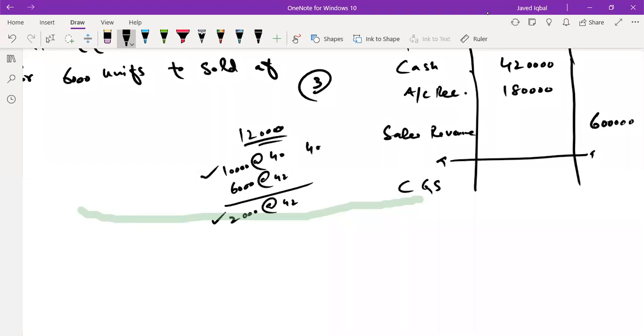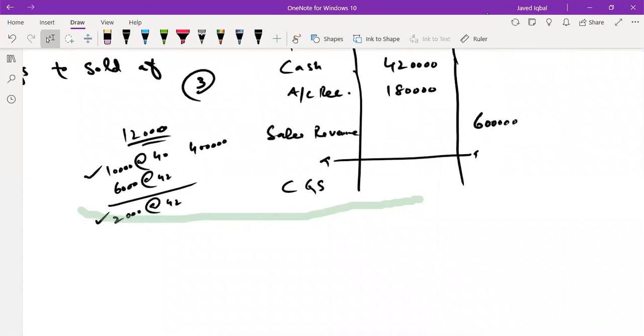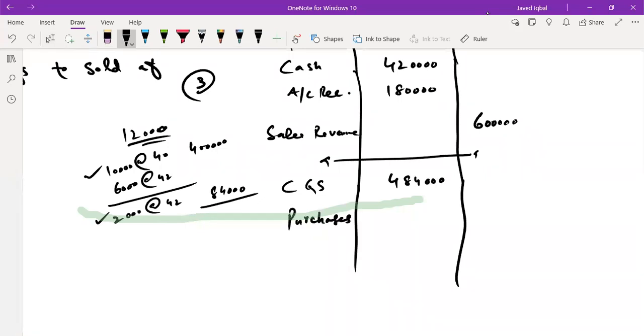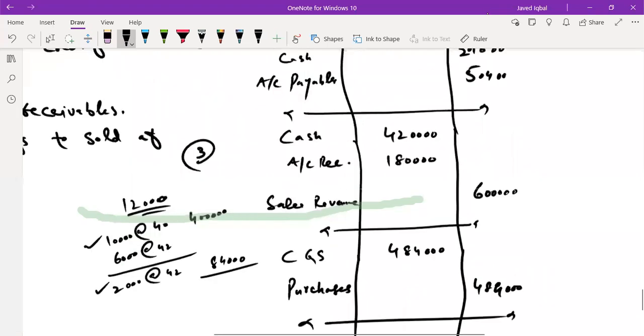These costs would be 400,000, and this would be 2 fours are 8, means 84,000. Summing these up becomes 484,000, and then your purchases will be credited 484,000. So this concludes your complete transaction number 3.